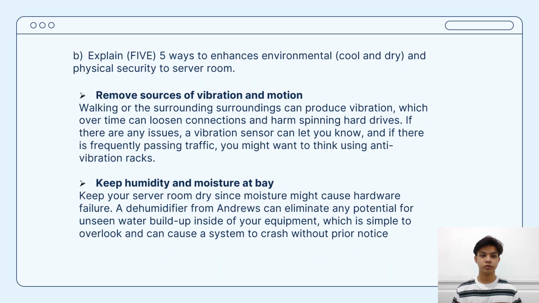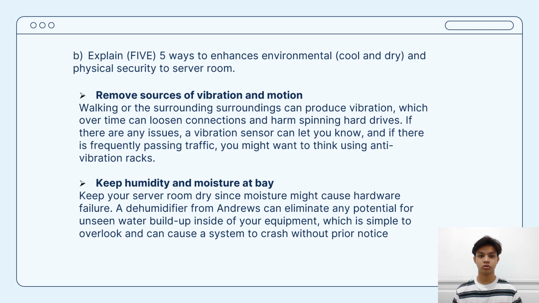Okay, next for question B: explain 5 ways to enhance environmental, cool and dry, and physical security for the server room. So the first one, remove sources of vibration and motion.